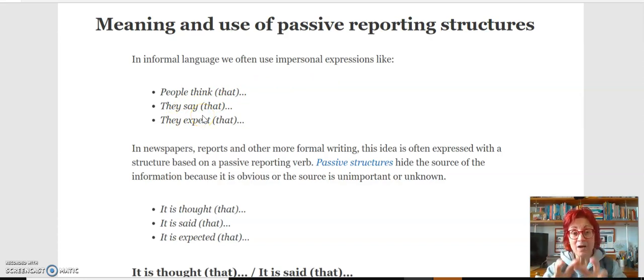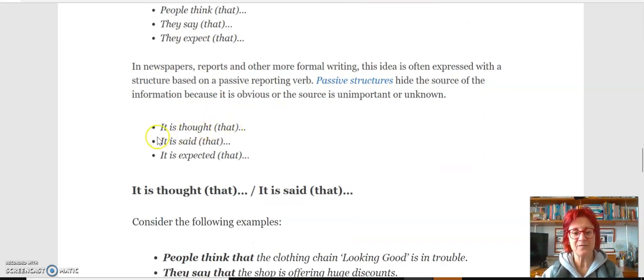So we are interested in the action, right? So instead of that, if we are a journalist, we say it is thought that, it is said that, it is expected that, se piensa, se dice, se cree, se espera que.